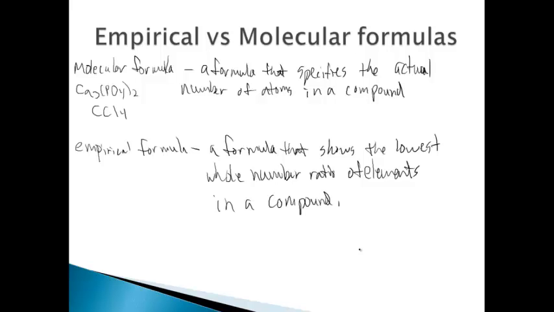Make sure you have these two definitions down. Pause if you need to. The easiest way to understand these definitions is to actually do a couple problems, on the next slide.